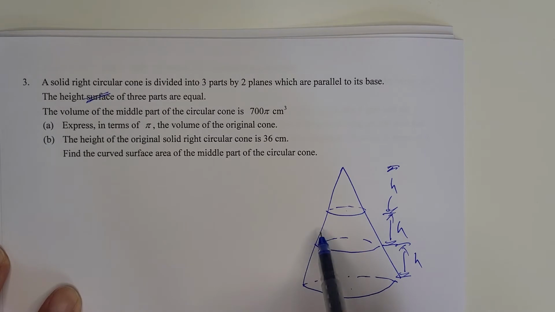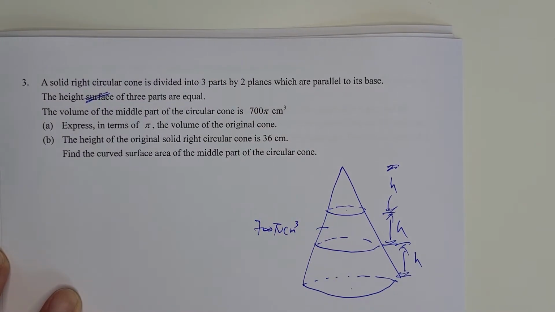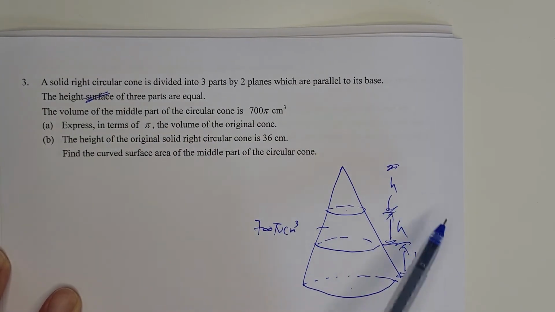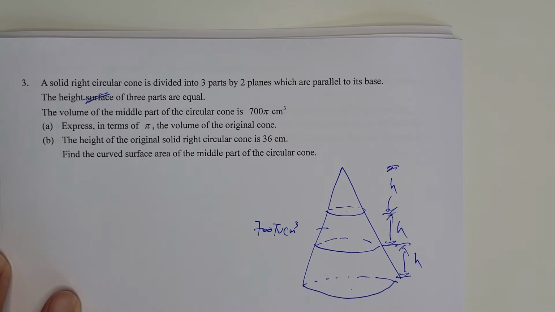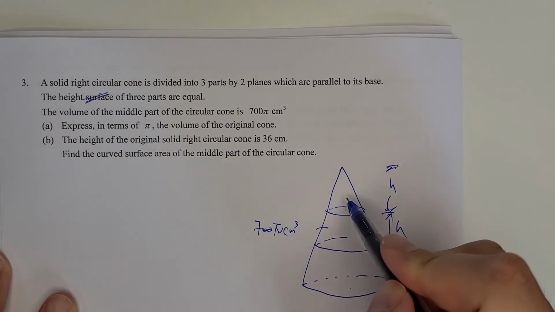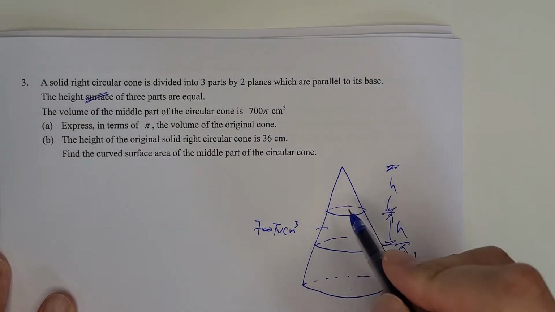The volume of the middle part is 700 pi cm cube. Now I want to find the volume of the original cone, that's the big cone. Okay, let's draw the picture and assign names to these different solids.